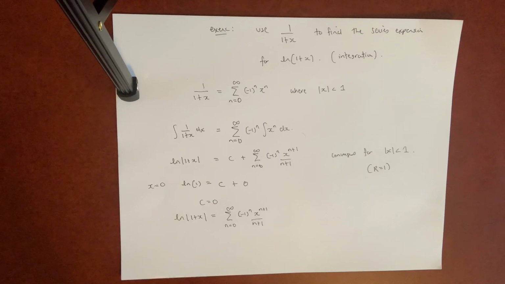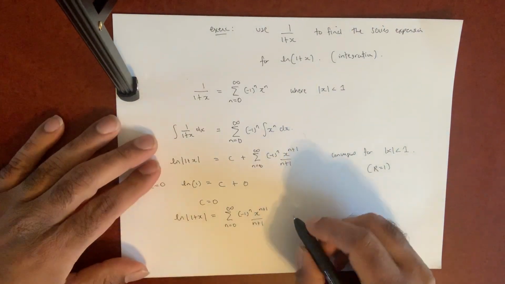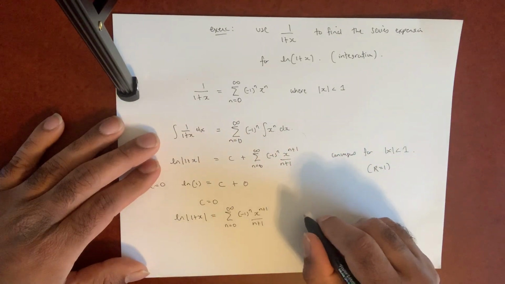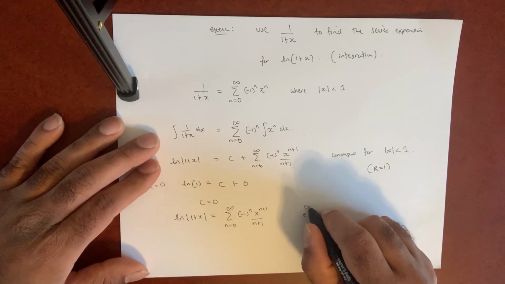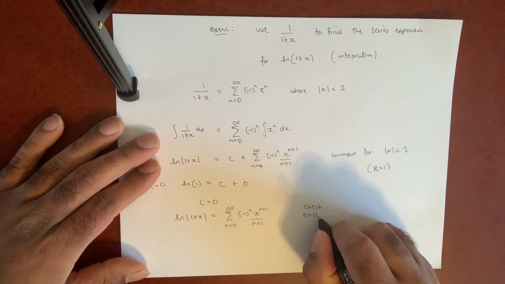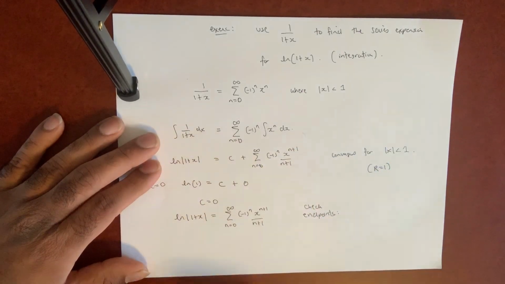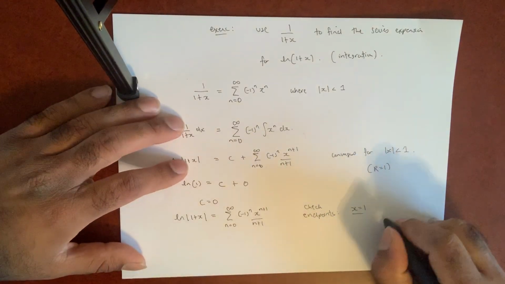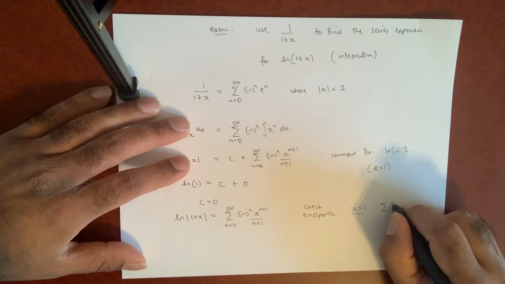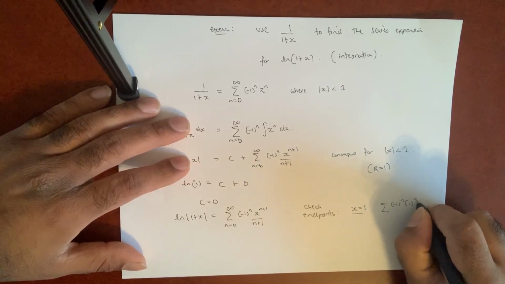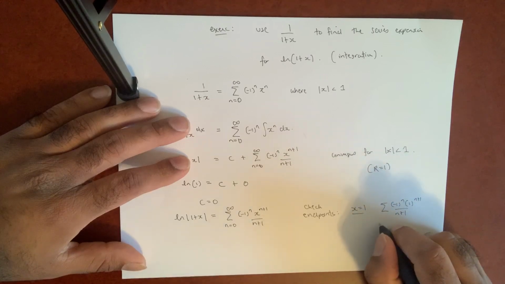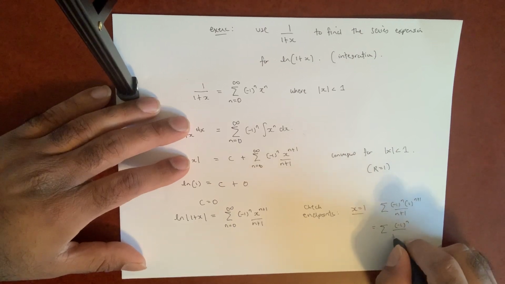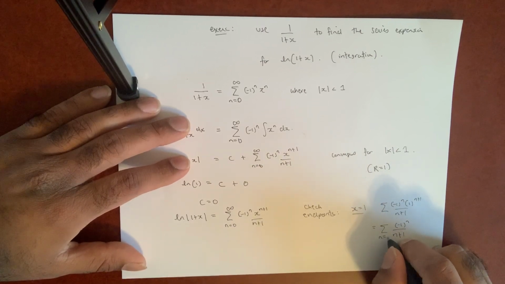Okay, so now the question is, what is the interval of convergence? So we know that this already converges for x less than 1 in absolute value. So we have to check the endpoints. So we plug in x equals 1, and what do we get? We get negative 1 to the n, 1 to the n plus 1 over n plus 1, which is the series negative 1 to the n over n plus 1.